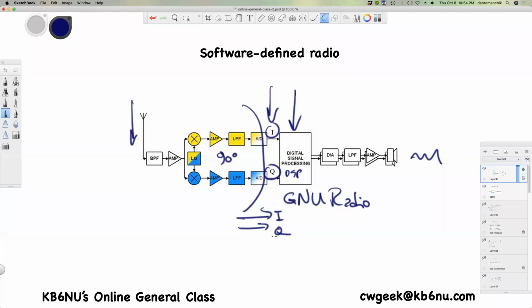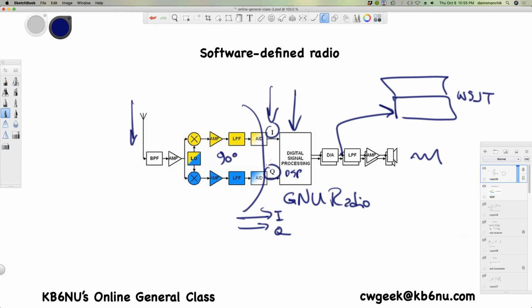What's happening with FT8 is you take the signal out of the radio about right here and feed that into your PC, running the WSJT software. And then whatever WSJT does with that audio signal is done inside the WSJT software.